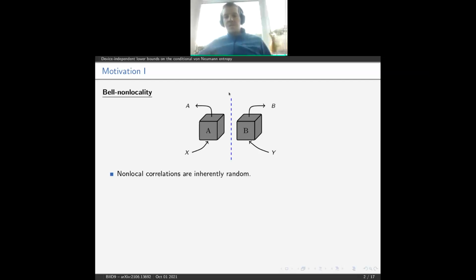And this leads us to build on top of these tests for non-locality so-called protocols for device-independent cryptography. For example, we can use these non-locality tests to generate randomness, and at least for some non-locality, as we've just seen in the previous talk, we can also use these tests for generating a secret key between these devices.